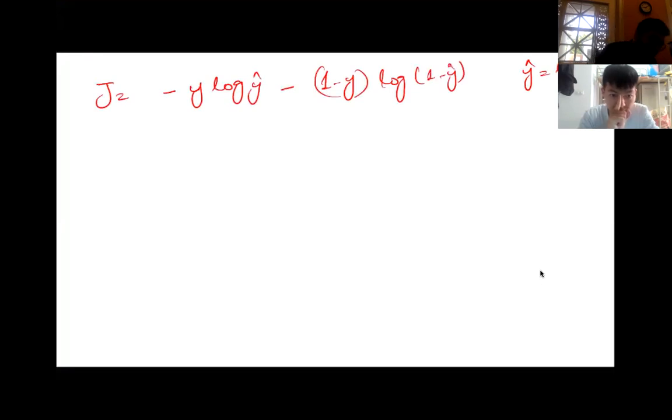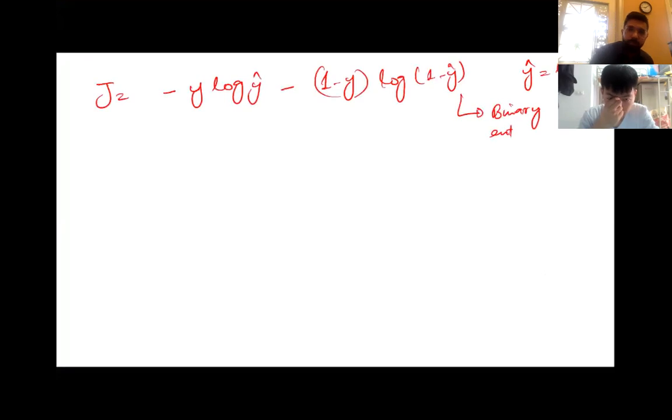Okay, and this loss function is called binary cross entropy loss. Okay, let's see why this is a good loss function. Let's try to plot it and let's see what happens.